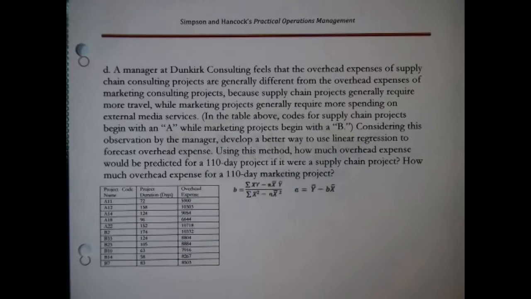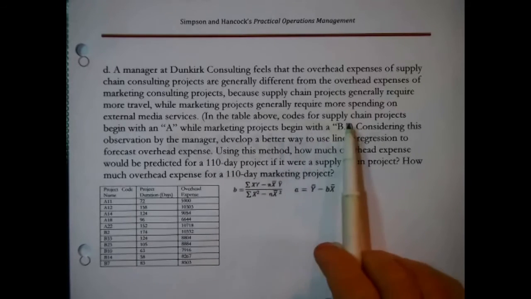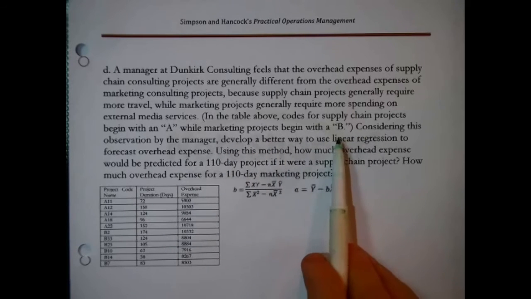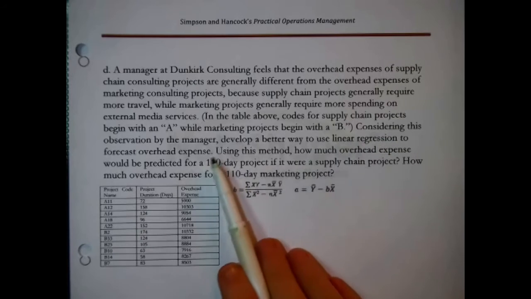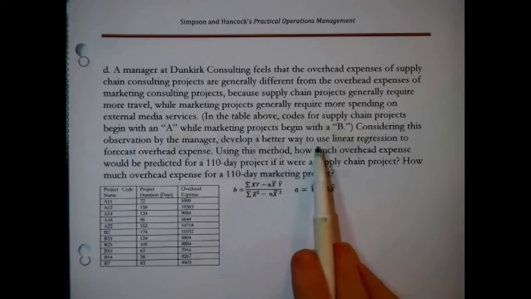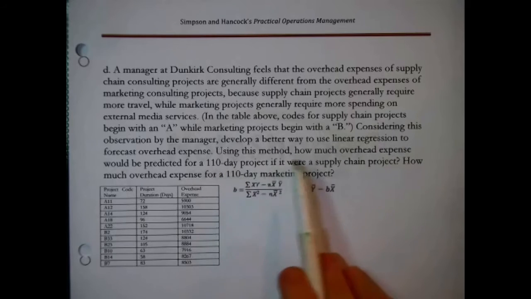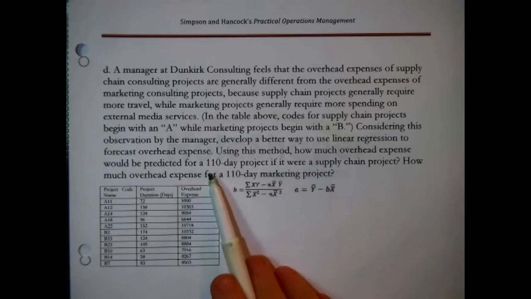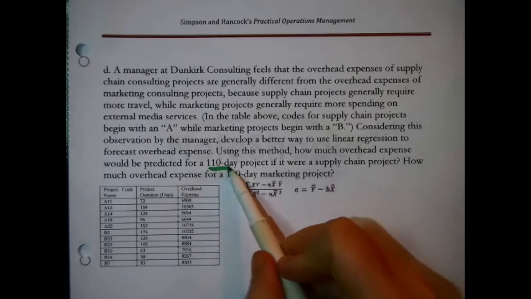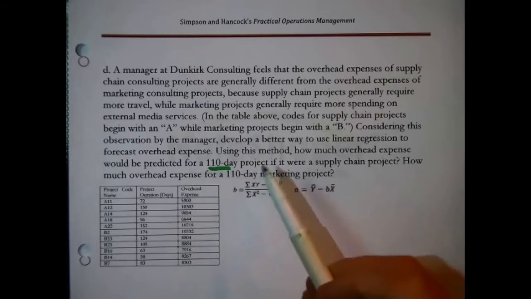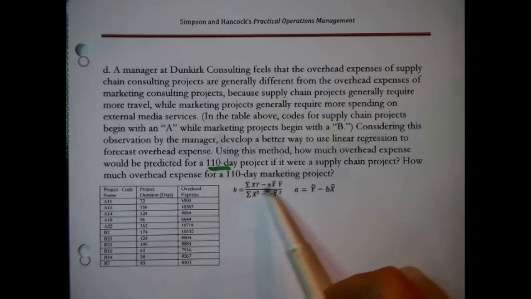In the table, codes for supply chain projects begin with an A, while the marketing projects begin with a B. Considering this observation by the manager, develop a better way to use linear regression to forecast overhead expense. Using this method, how much overhead expense would be predicted for, again, a 110-day project, if it was a supply chain project, and how much if it was a marketing project?